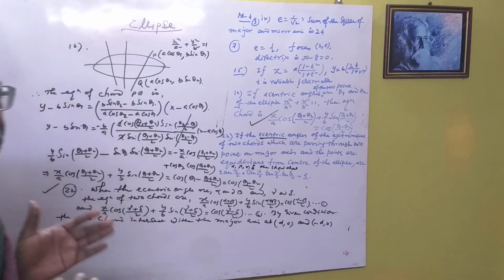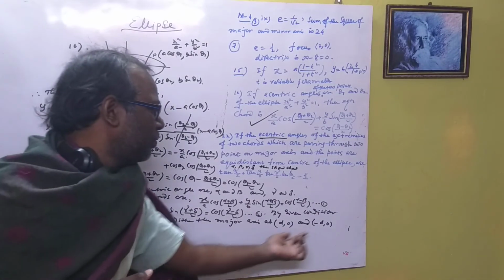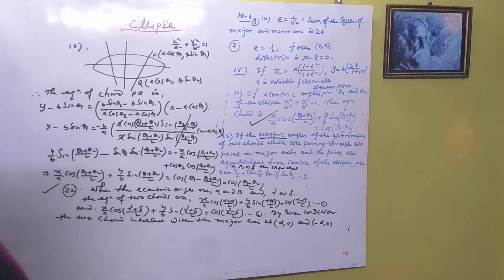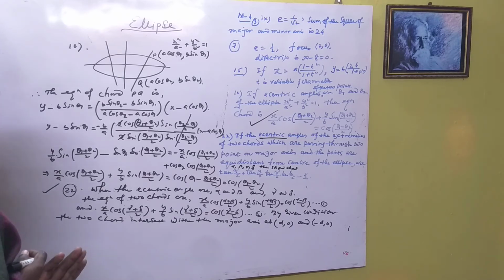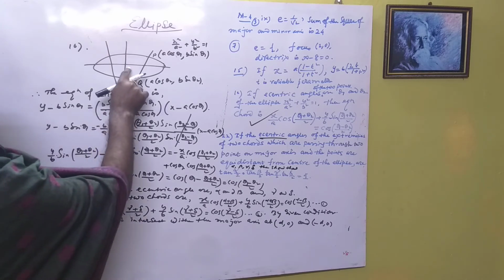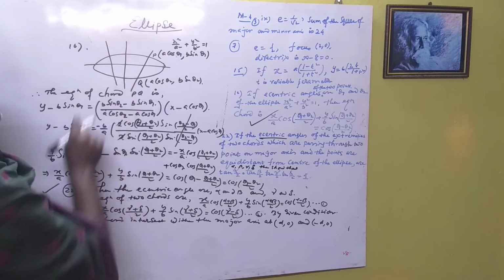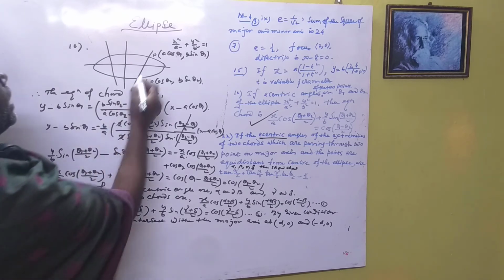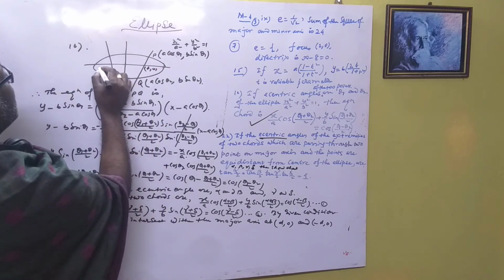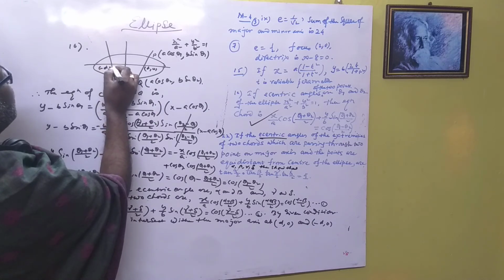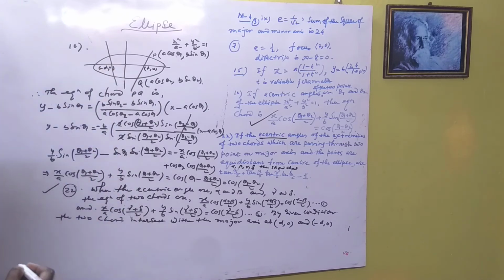Why do we take d as the same in magnitude? Because the chords intersect the major axis at a constant distance from the origin. If this is d, then this also is d, so if one is (d, 0), the other is (-d, 0). That's why d is the same.